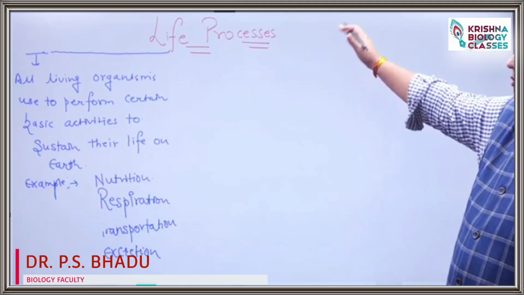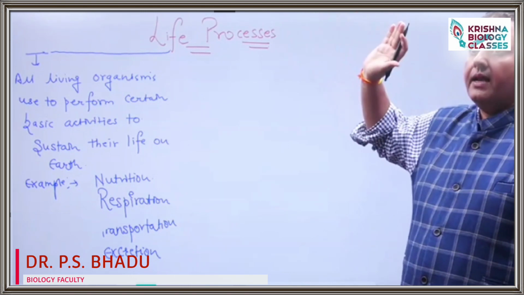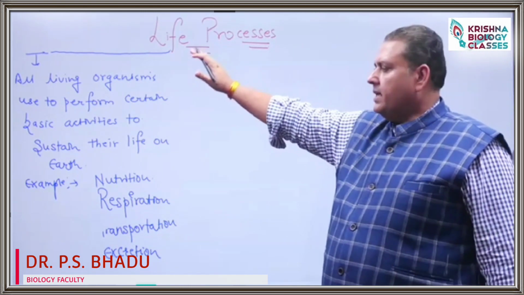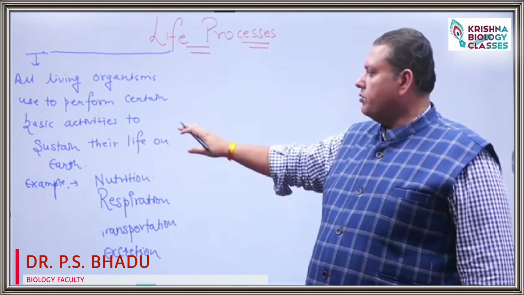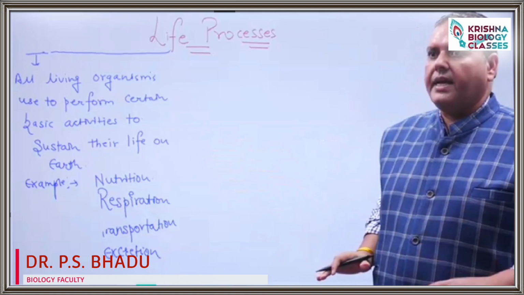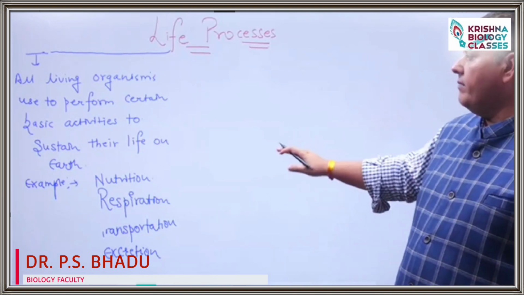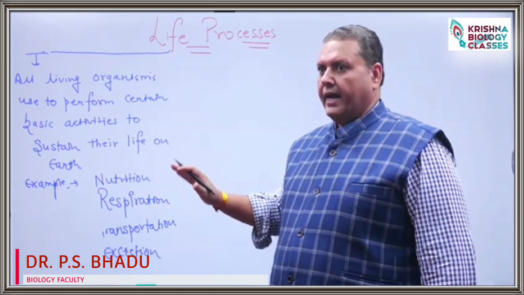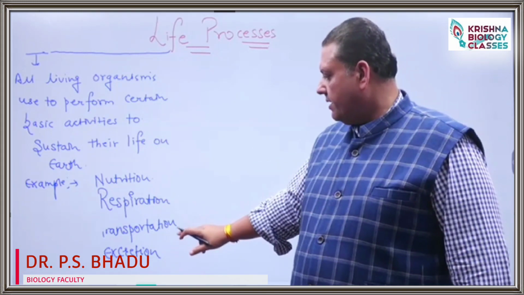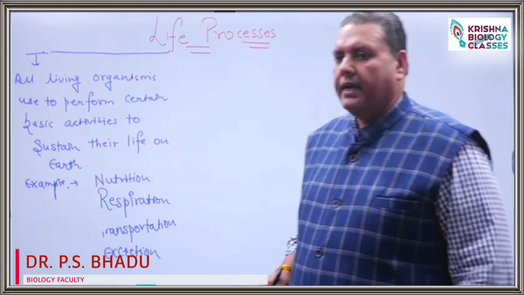So a very short answer question may come: what do you understand by the term life processes? In that condition we need to answer that all living organisms perform certain basic activities to sustain or maintain their life on earth. Examples of such activities are nutrition, respiration, transportation and excretion.